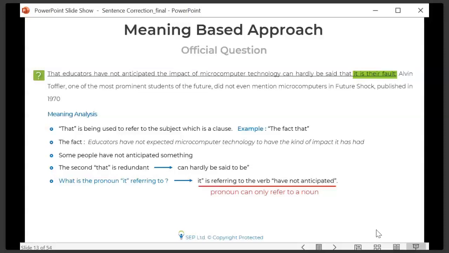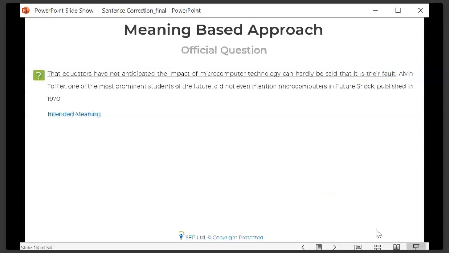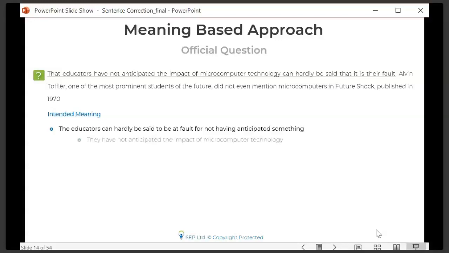So if we put together the intended meaning, and this is what you need to do, this is why you need to spend a very good part of your question solving time on the original sentence, to get together the intended meaning and obviously check out the errors which are there. So the intended meaning here was the educators can hardly be said to be at fault for not having anticipated something. So what is this something that they have not anticipated?